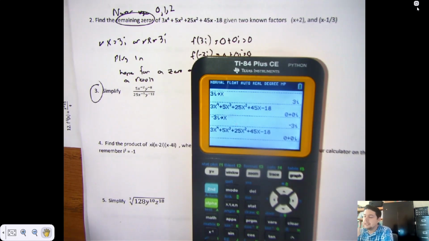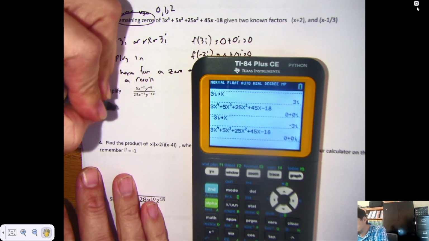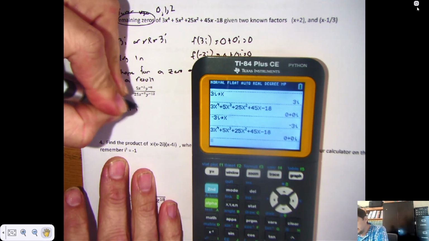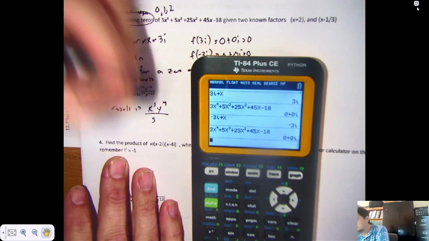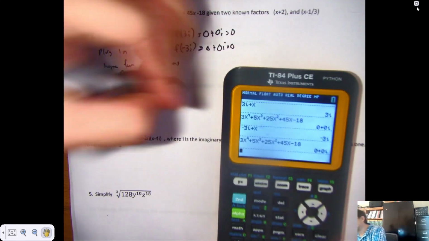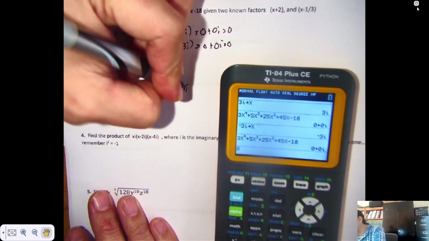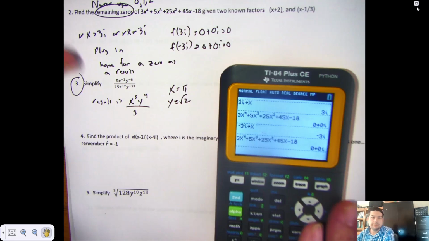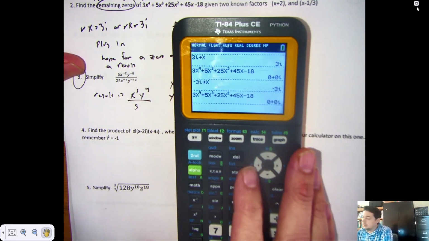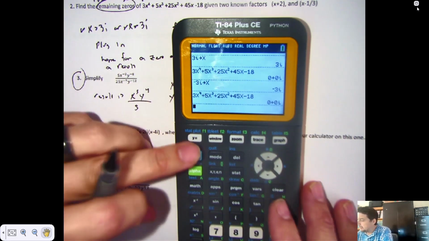This is a simplify. As much as you shouldn't need this, the result is x to the 5th y to the 4th over 5. What I'm going to do is let x be pi, and let y be something weird like the square root of 2. So I'm going to take pi again and store to x.